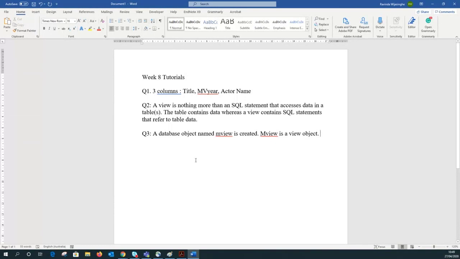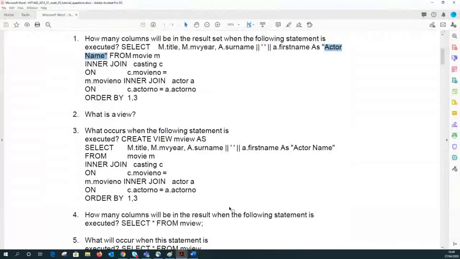This object contains the SQL statements as indicated in the question. That's what actually happens when you create that view.